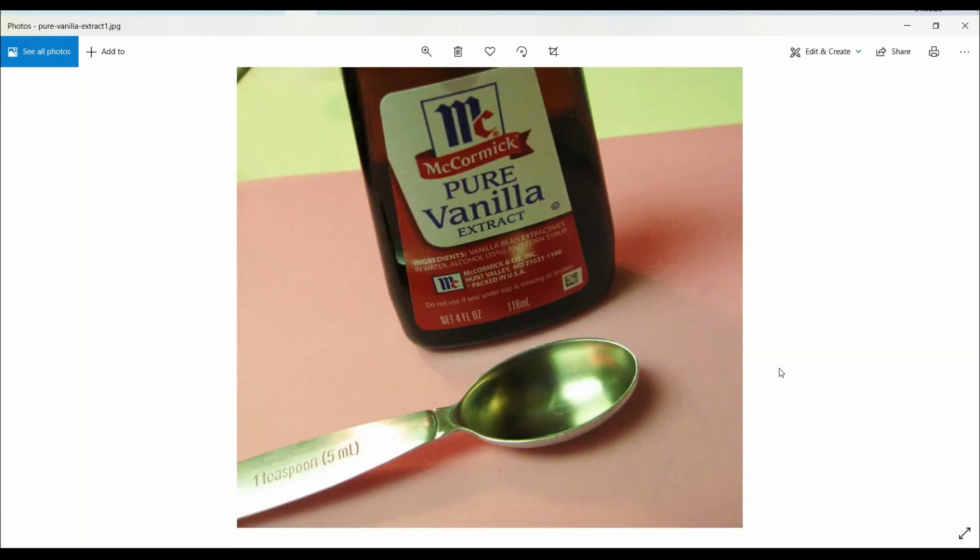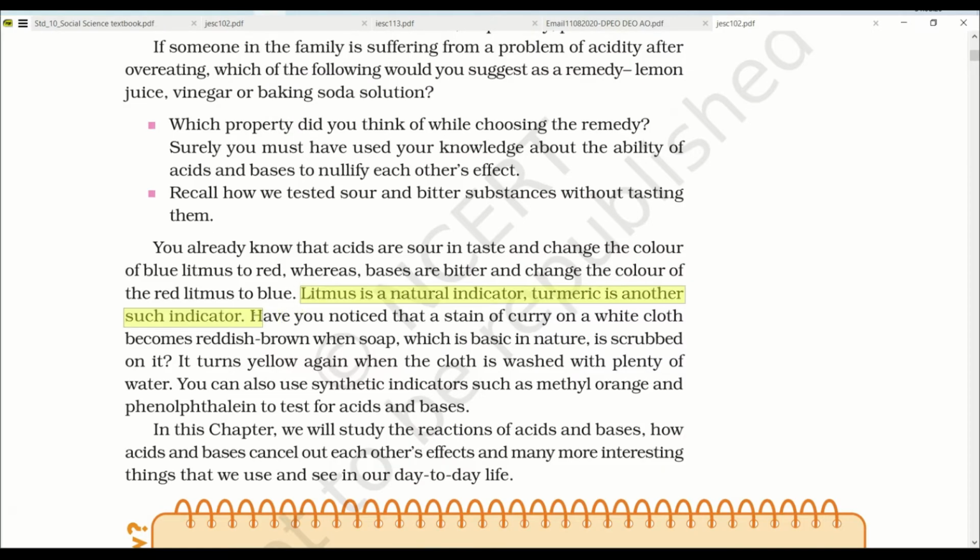Then we have olfactory indicators. That means the indicators which detect the smell or the odor. So, litmus is an indicator which is natural. Turmeric is also natural. Both of them detect acid and base according to their change in color naturally. They are obtained from nature.